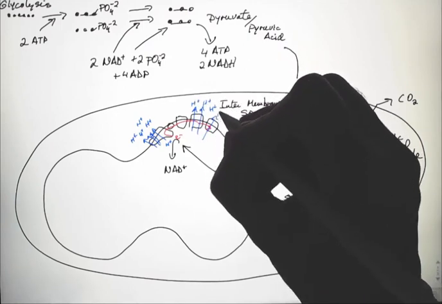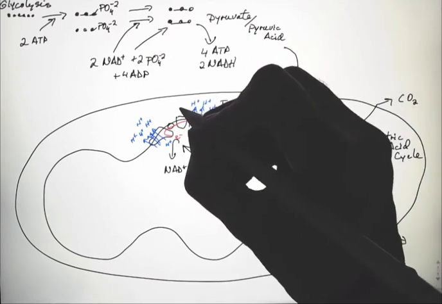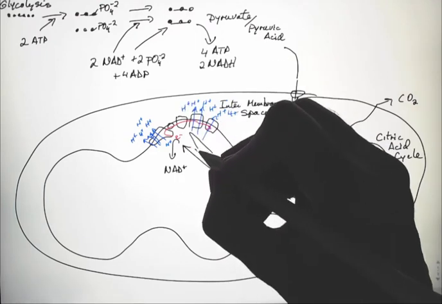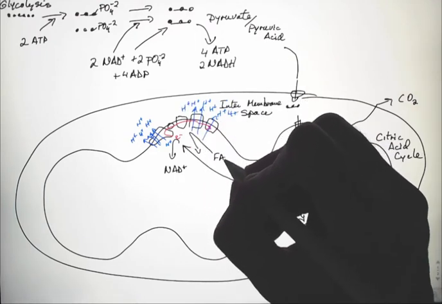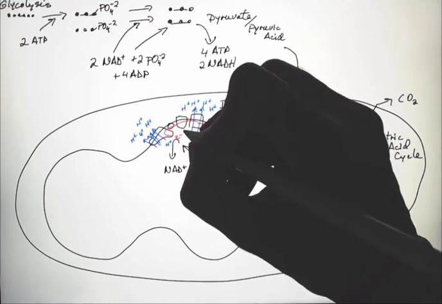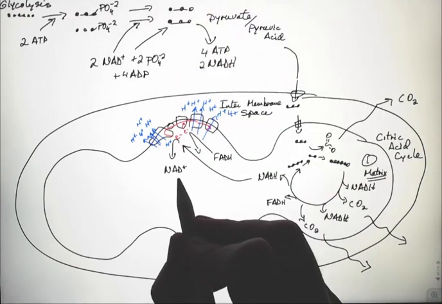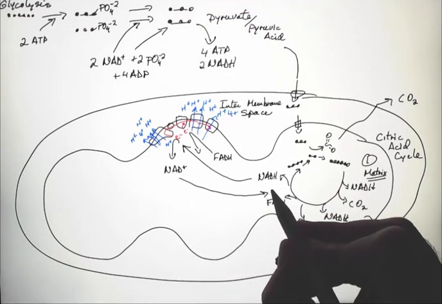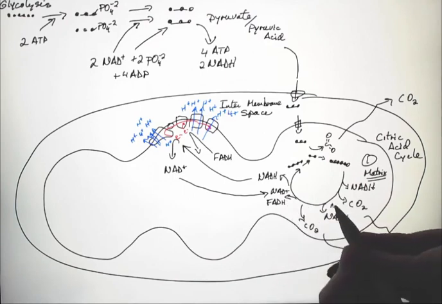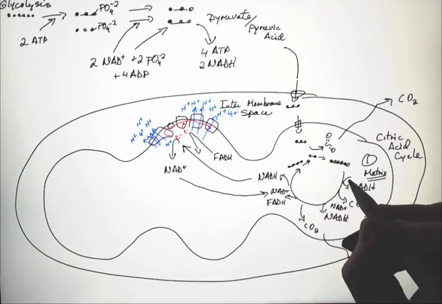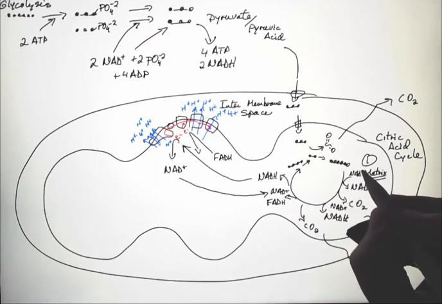So they move protons out of the matrix into the intermembrane space. FADH joins at complex 2. So an FADH doesn't move as many H pluses across the membrane. And both FADH and NADH are regenerated into NAD plus and FAD to continue the citric acid cycle.